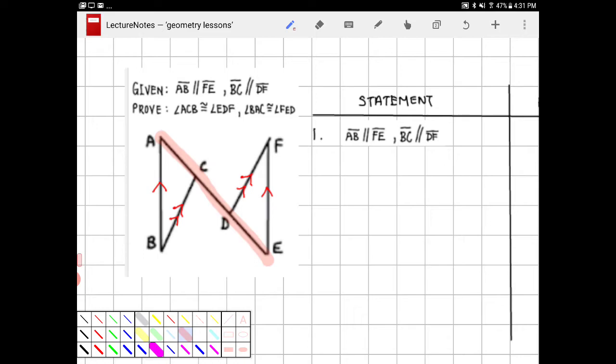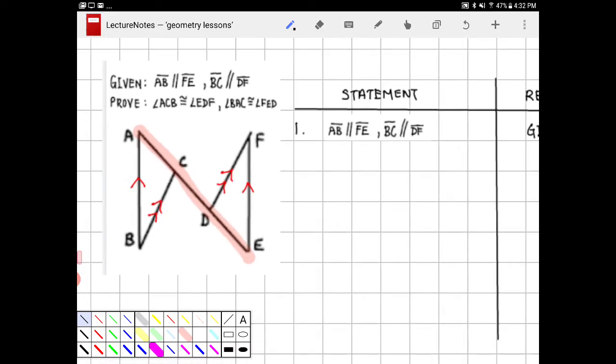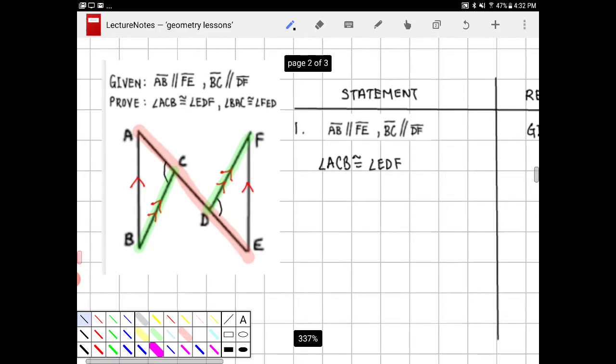So immediately, having this understanding now, I know that angle ACB will be congruent to angle EDF. So again, ACB will in fact be congruent to angle EDF, because if I look at this in isolation, the line that's in green and the line that's in pink, I recognize that that is actually alternate exterior angles.